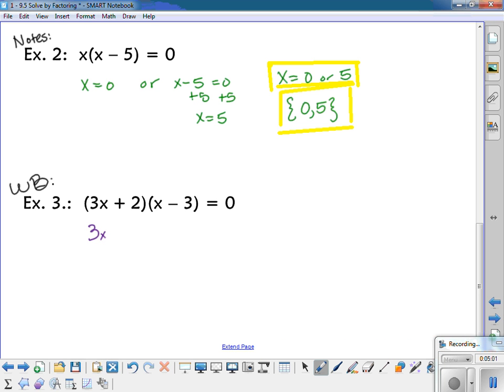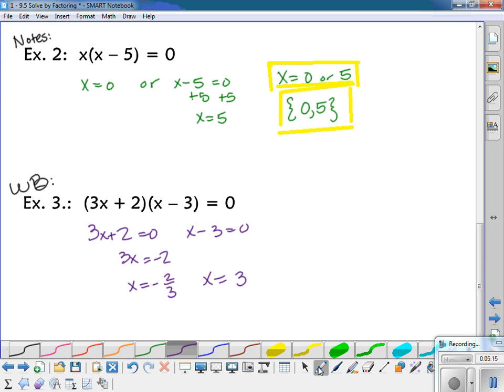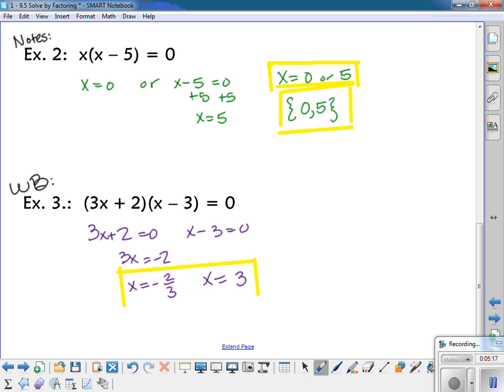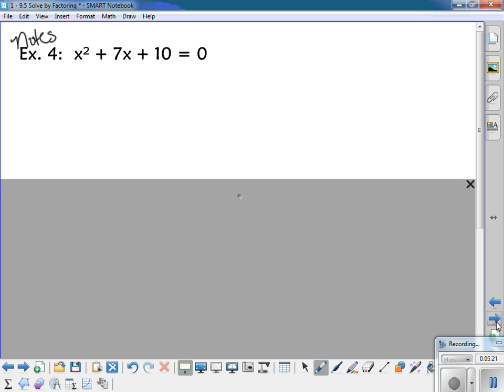Okay, so we have 3x plus 2 equals 0, or x minus 3 equals 0. So we subtracted the 2 and then divided by 3. We got negative 2/3. And here we just added the 3. Looks like most of you guys got that. Okay. All right, this one's for your notes.